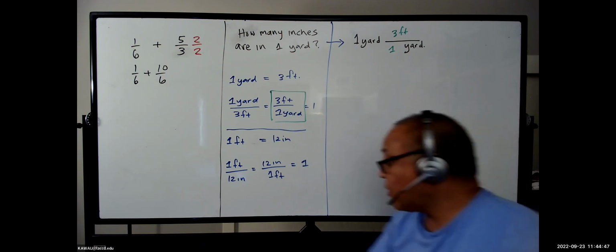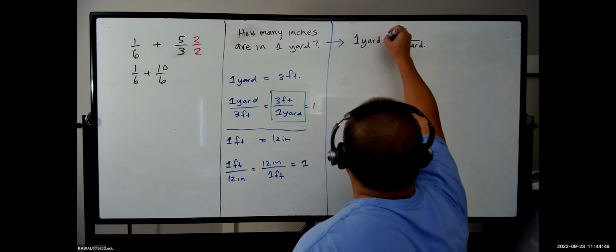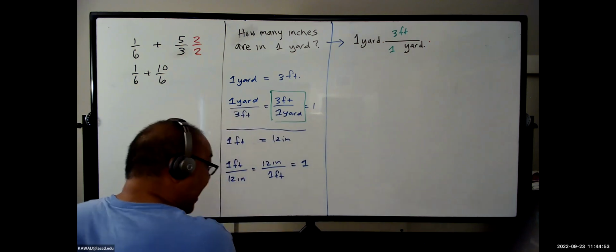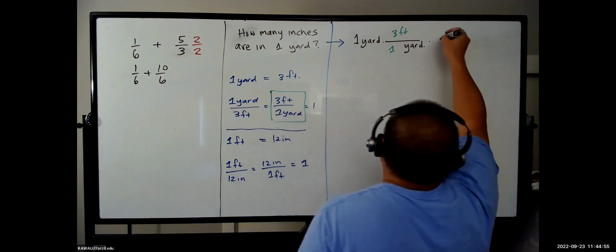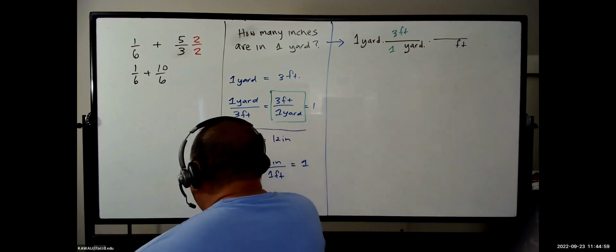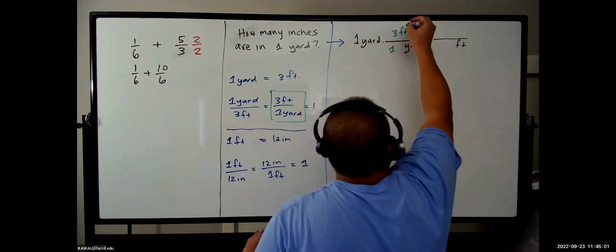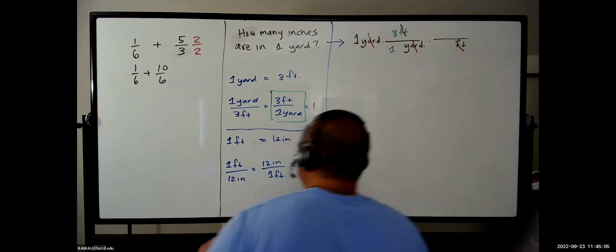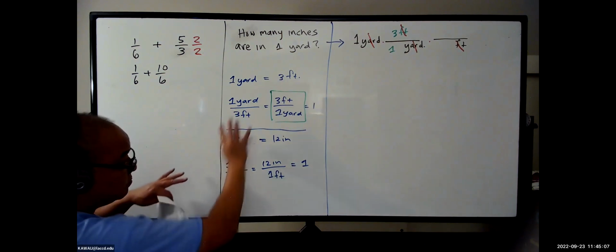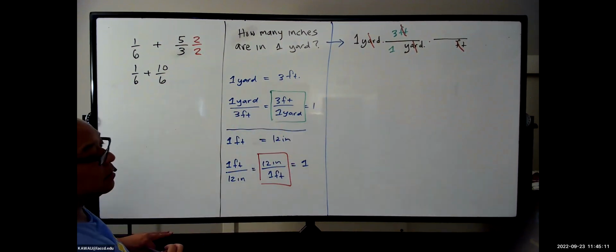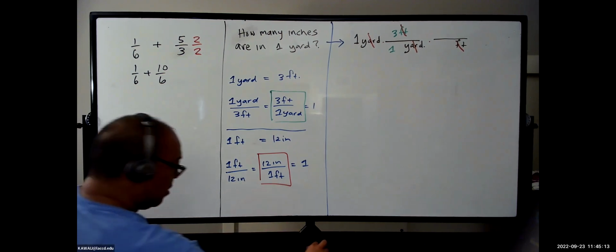Now after that, we're going to multiply. We then want something that has feet in the denominator, because what we want is for this to cross out with this and this to cross out with this. So when I look at this over here, I know that feet's in the denominator.